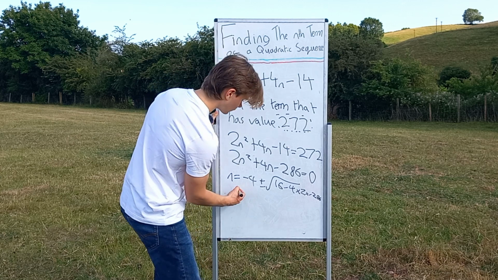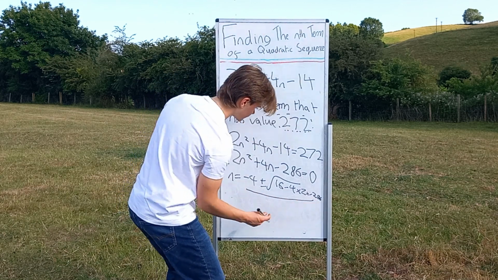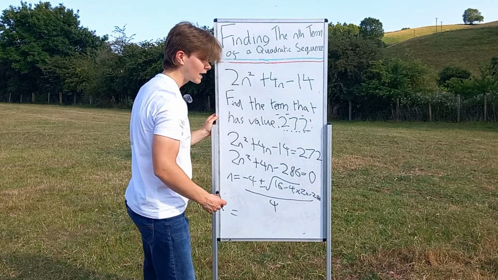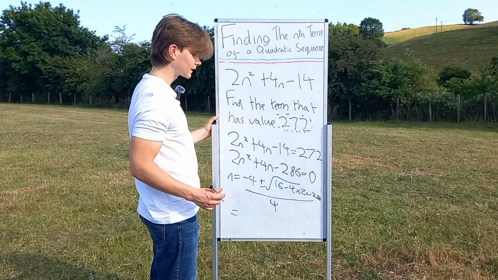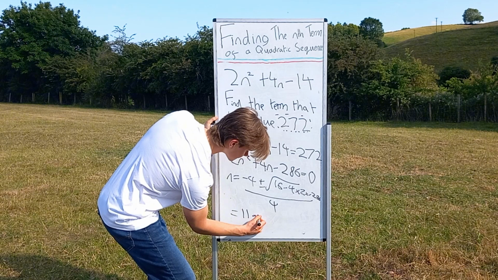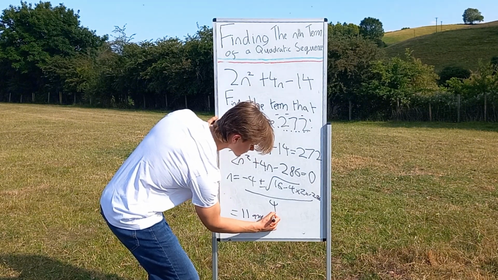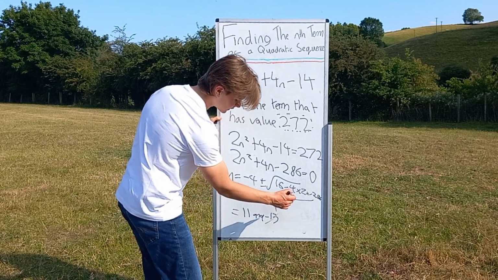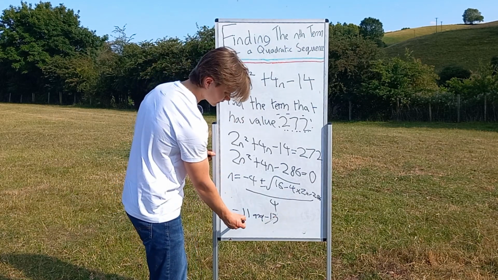And then we'll do all of that over 2 times a, so over 4. And to tell the truth, I have already plugged this into my calculator, and I know that the two values it gave were 11 and minus 13.